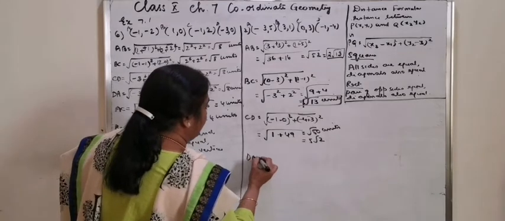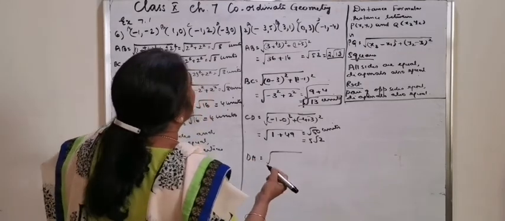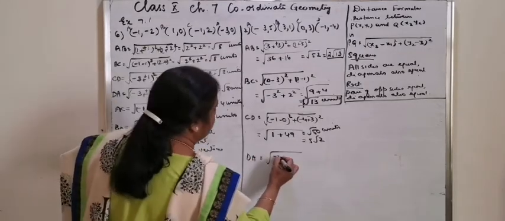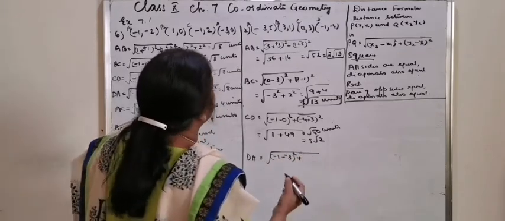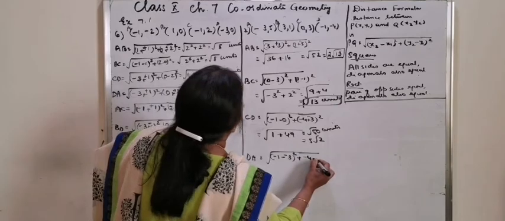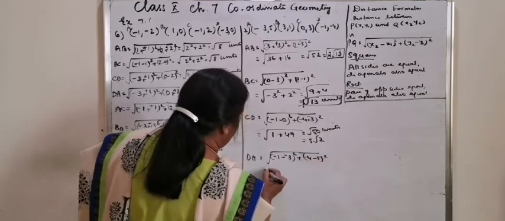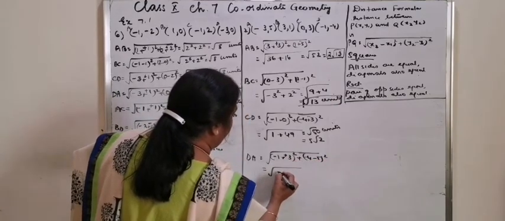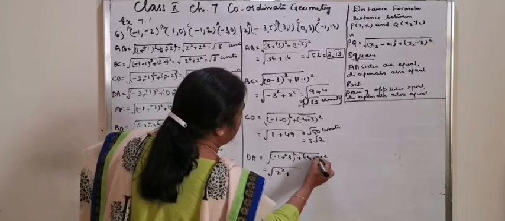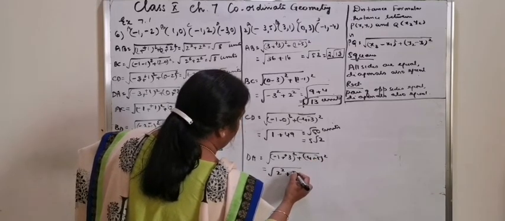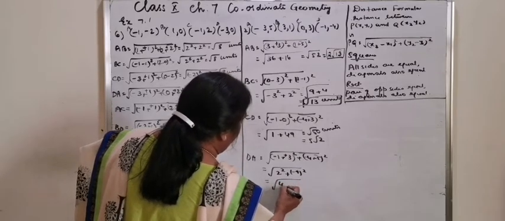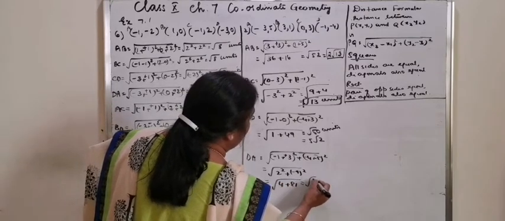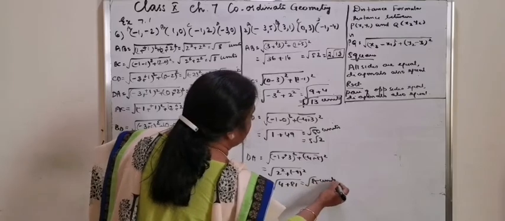DA, square root of (-1 minus -3) the whole square plus (-4 minus 5) the whole square, 2 square plus -9 the whole square, 4 plus 81, root 85 units.